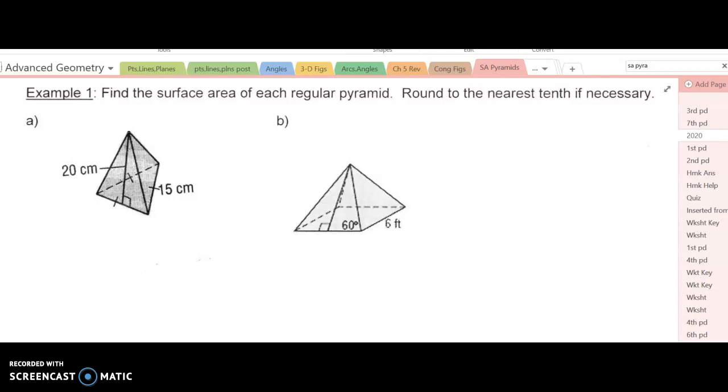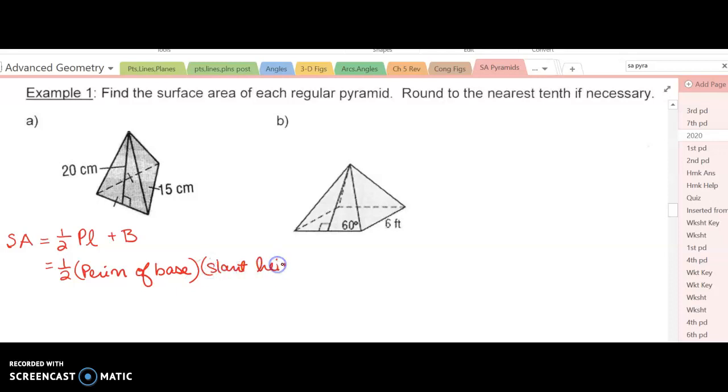So in example 1, we're going to find the surface area of each pyramid and round our answer to the nearest tenth as necessary. Our formula for total surface area is 1/2 P times L plus B. Remember, this stands for 1/2 times perimeter of the base of the pyramid times slant height plus area of the base.